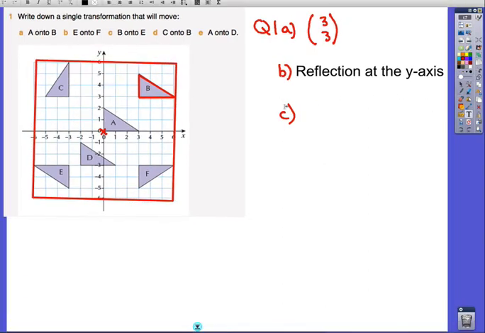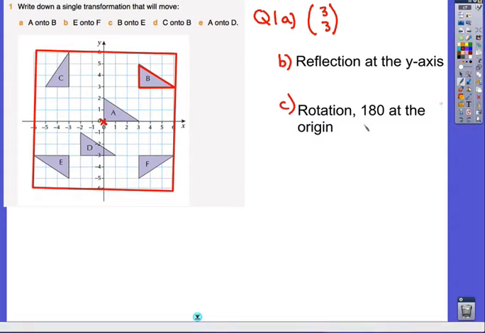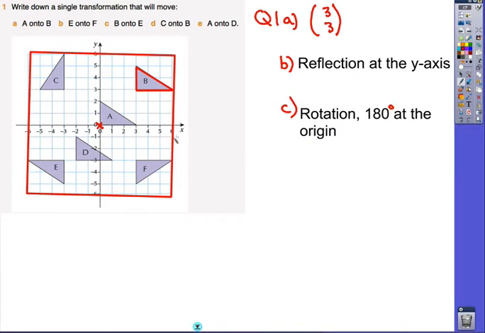To get the full marks, you need to write rotation, and it's been rotated 180 degrees at the origin. Make sure you write your degree sign, couldn't do it on computer, so 180 degrees at the origin.